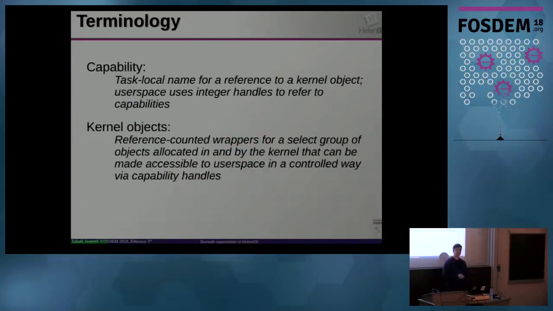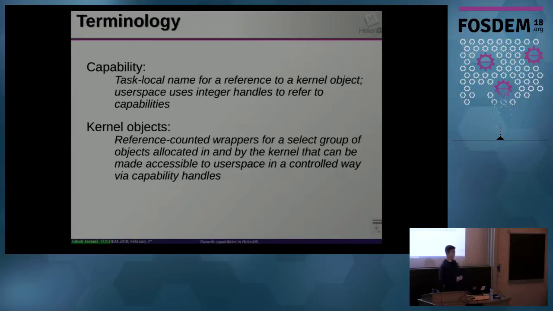And now capabilities. So this is how we are used to talk about capabilities in HelenOS. So for us, a capability is a task local reference to some kernel object. And a kernel object is basically a wrapper which is reference counted and points to a real thing, to something which lives in the kernel and is accessible to user space only via a capability, which is referred from user space using a handle.